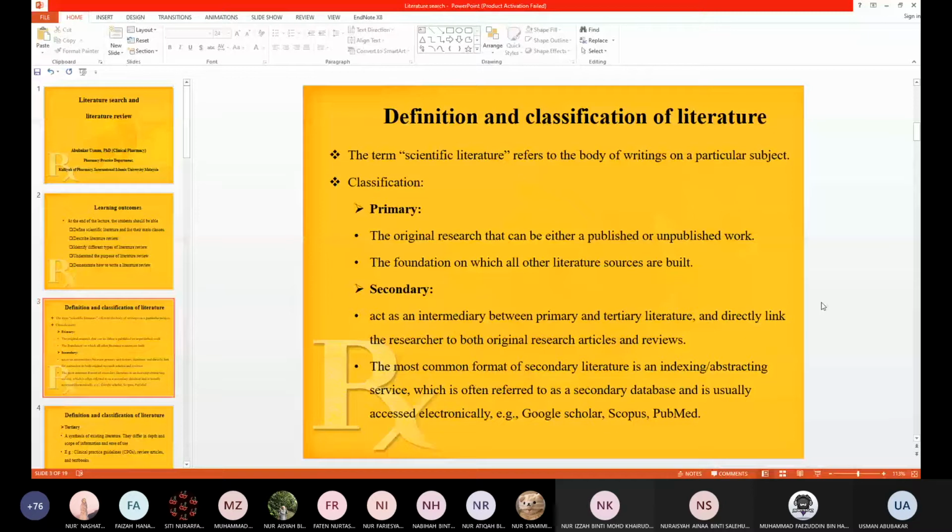All of these electronic databases comprise your secondary sources of information. They are actually built based on the primary sources. So you access them to be able to reach the primary sources. On their own, they are not independent. They are actually dependent on the information available from the primary sources.